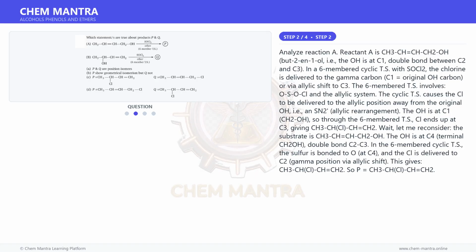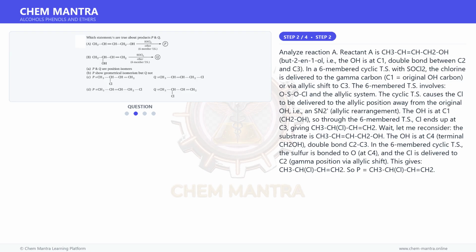Analyze reaction A. Reactant A is CH3-CH=CH-CH2OH, but-2-en-1-ol, i.e., the O is at C1 with the double bond between C2 and C3. In a 6-membered cyclic TS with SOCl2, the chlorine is delivered to the gamma carbon, C1 being the original O carbon, or via allylic shift to C3.